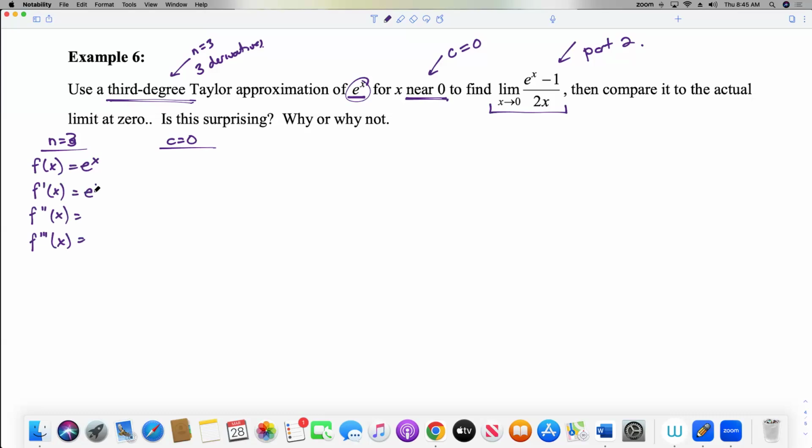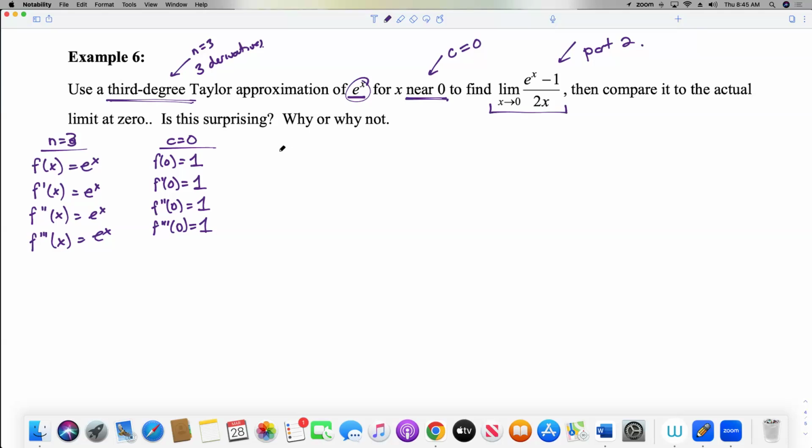Now e to the x is easy, which means when it's centered at 0, f of 0 is e to the 0, which is 1. What is f prime of 0? 1. What is f double prime of 0? 1. What is f triple prime of 0? 1. All right, so e is kind of nice.